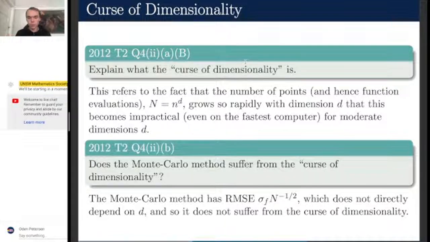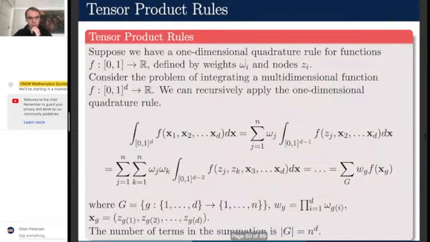So it could be a normal distribution or some other random distribution. I guess in this case you'd want it to be the uniform distribution on the hypercube.